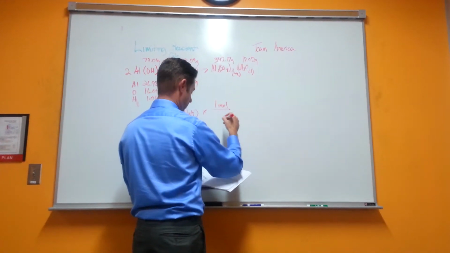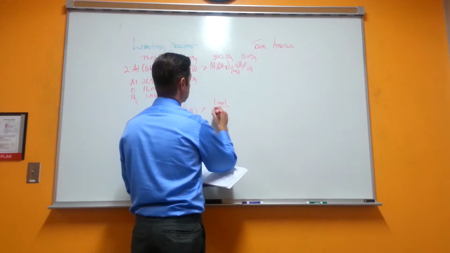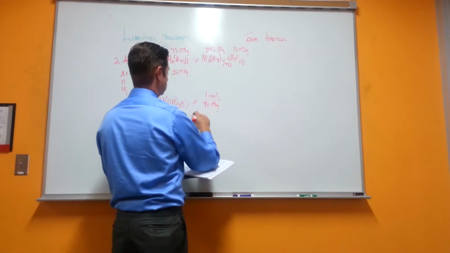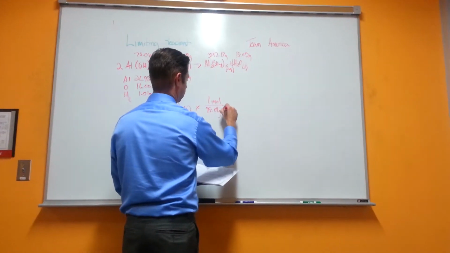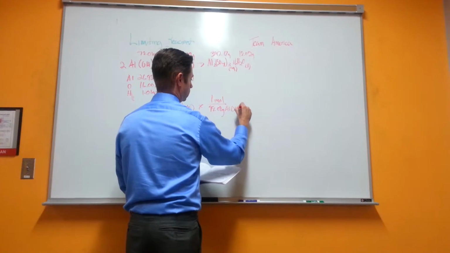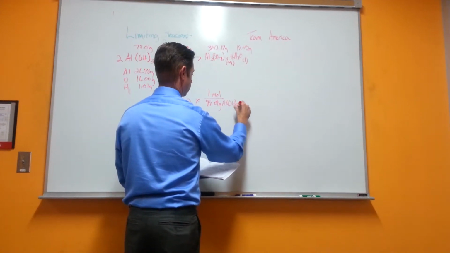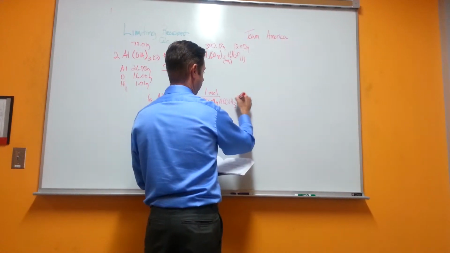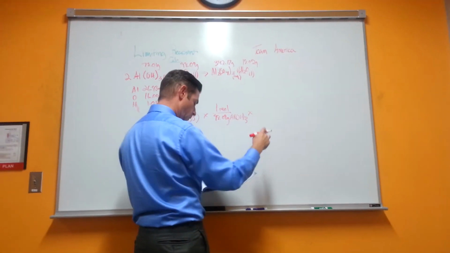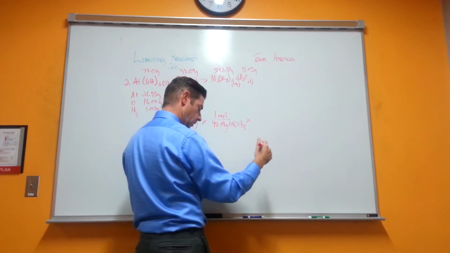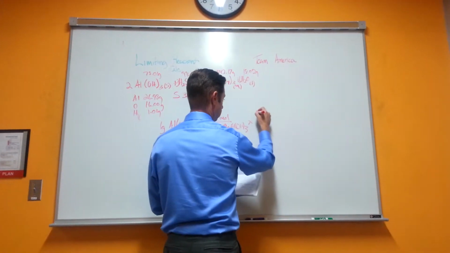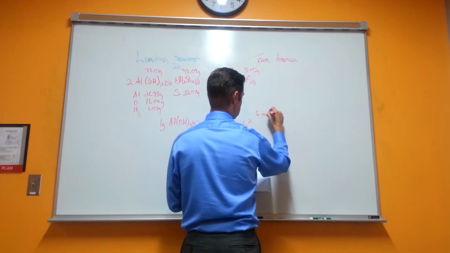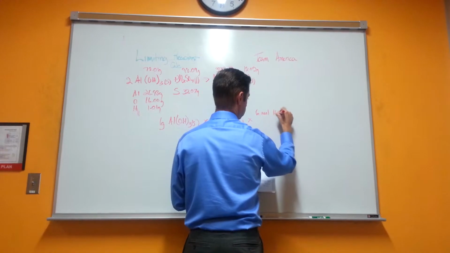So 1 mole equals 98.09 grams of AlOH3, right? And so then we're going to convert that and get mole to mole. So then we're going to have 6 moles of H2O.